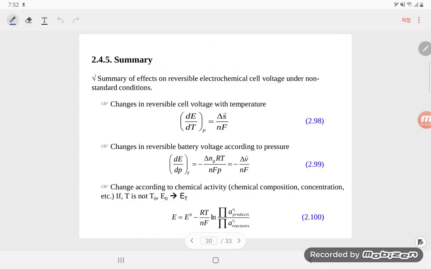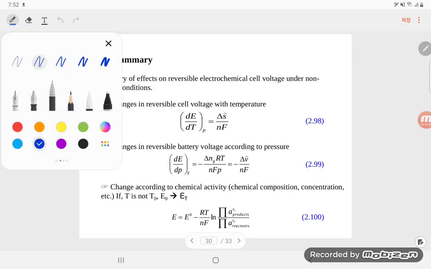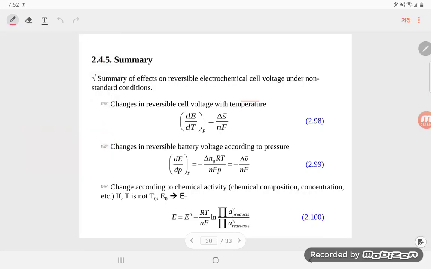And in summary, there are three types of variables which affect the reversible cell voltage. First, temperature, and the slope of the temperature change is expressed like this.